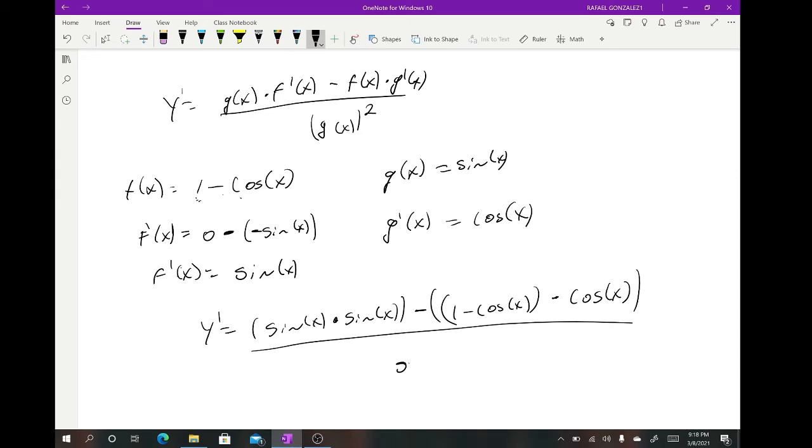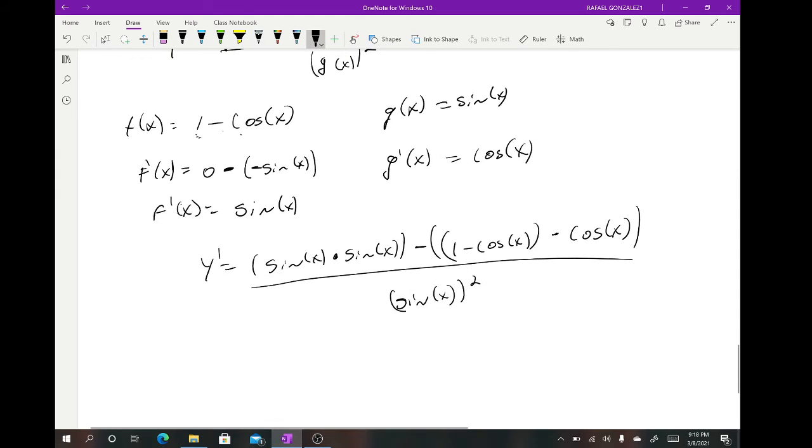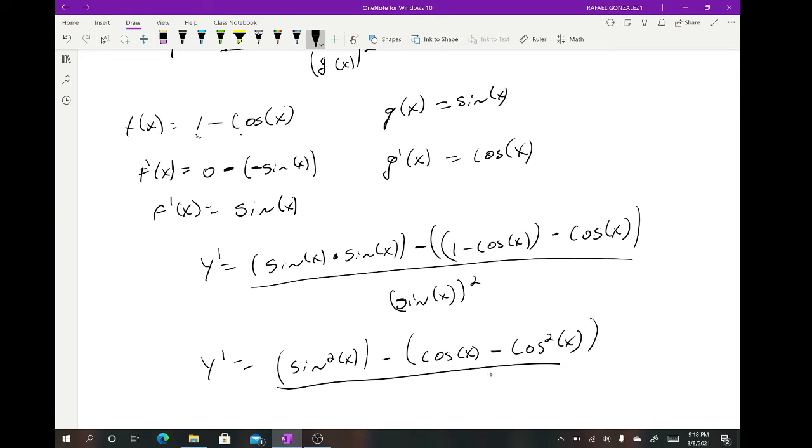Well, the denominator is just sine, so this is going to be sine x squared. So that means that y prime is equal to sine square x, because we have two of them being multiplied, and then cosine times 1 is cosine of x, minus cosine times cosine is cosine squared, so minus cosine square x, divided by sine x squared.